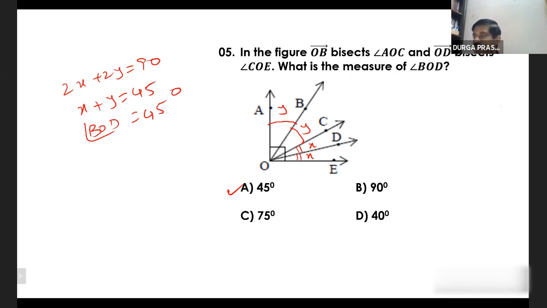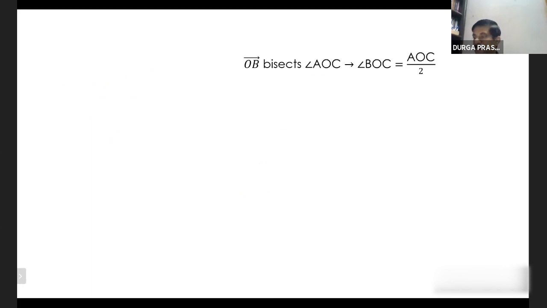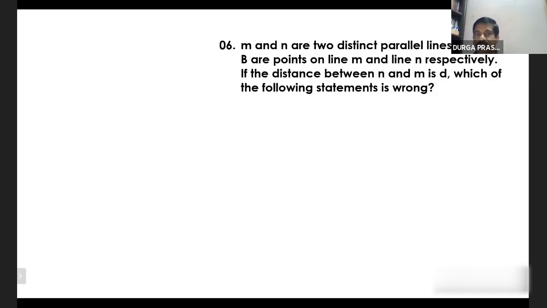So let us go to the next question. M and N are two distinct parallel lines. A and B are points on line M and line N respectively. If the distance between M and N is D, which of the following statements is wrong?